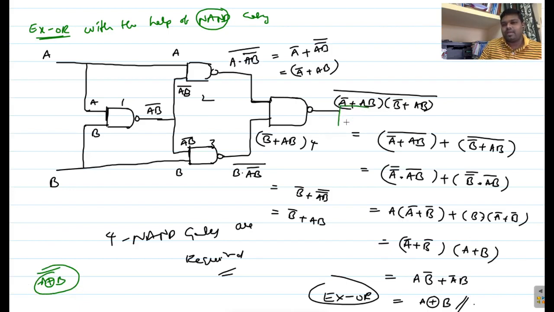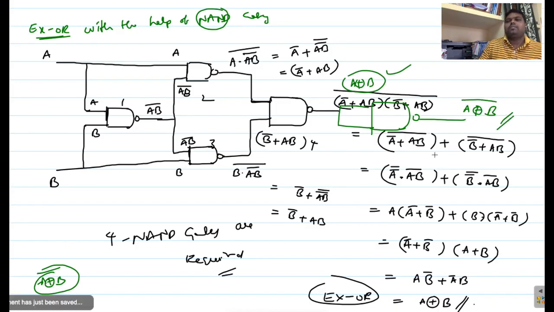That means you can tie up with one NAND gate here. This A XOR B is applied to this particular NAND gate. So with two same inputs, the outcome will become the invert of this input, so that you will get A XOR B whole bar, right? So the final outcome is like this.